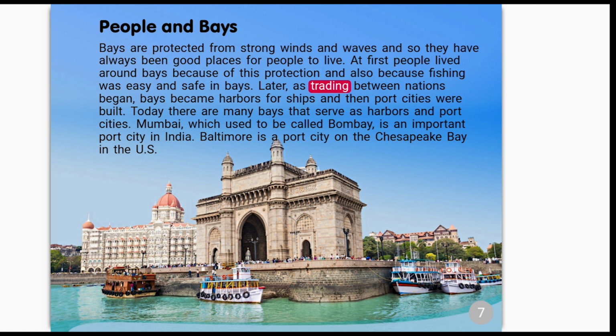Later, as trading between nations began, bays became harbors for ships, and then port cities were built. Today, there are many bays that serve as harbors and port cities. Mumbai, which used to be called Bombay, is an important port city in India. Baltimore is a port city on the Chesapeake Bay in the U.S.